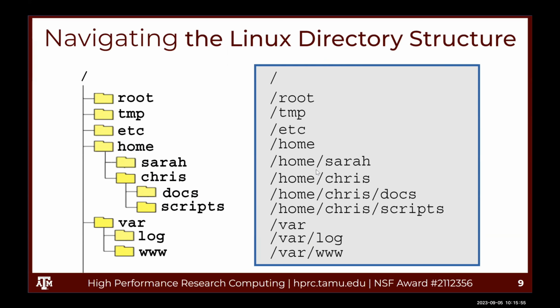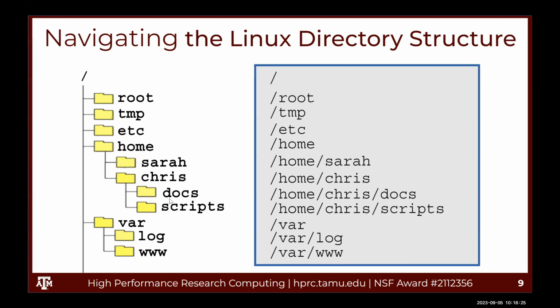Now, as I was saying about the directory structure in Linux, it is like an inverted tree data structure. If you are familiar with computer science data structures, it starts with root and goes all the way up. For this primer, we will be focusing on the home folder, and within home, there can be many folders, one for each of the users.